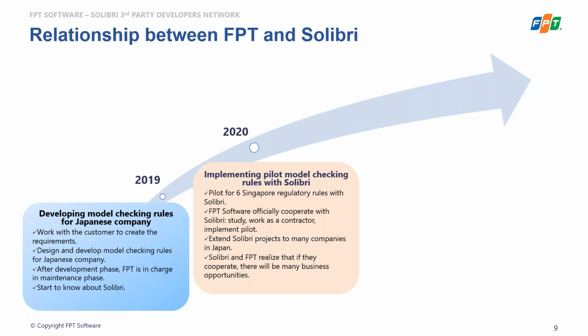So of course, we educated ourselves. We worked as a contractor, and we implemented this pilot phase in Singapore. Of course, we continued our engagement and activity also in Japan, in other companies, where we expanded these Solibri projects.